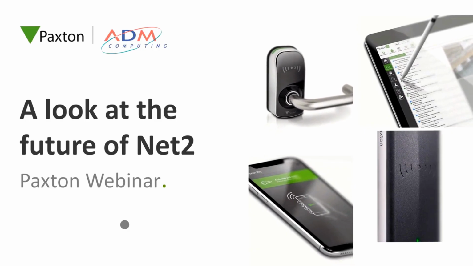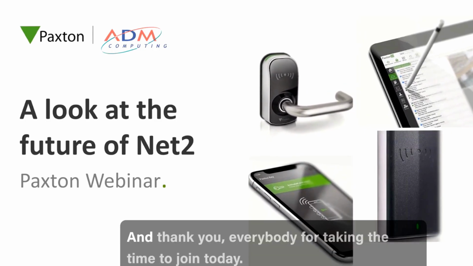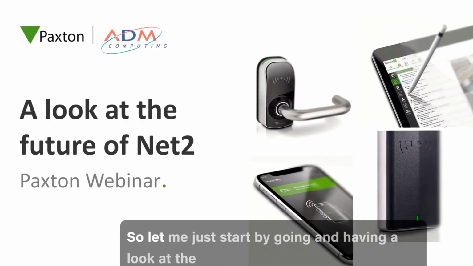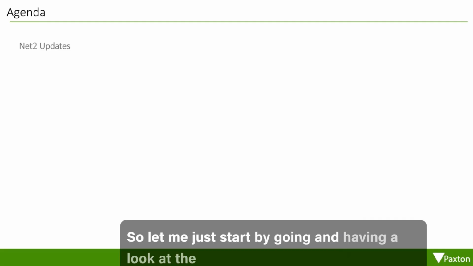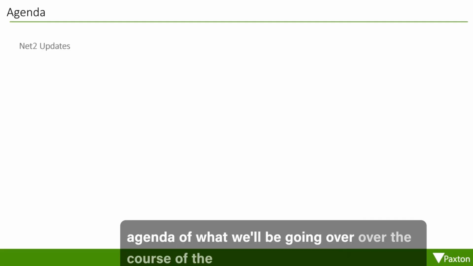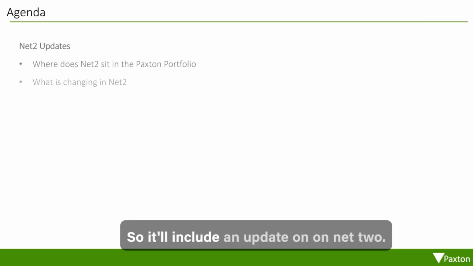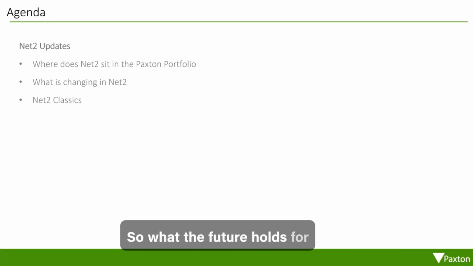Thank you very much, Isaac, and thank you everybody for taking the time to join today. So let me just start by having a look at the agenda of what we'll be going over the course of the next 30 minutes. It'll include an update on Net2, so what the future holds for Net2, and any additional features as well, which you may not currently be aware of or using, but could help to solve some of the common challenges in managing access around your building.